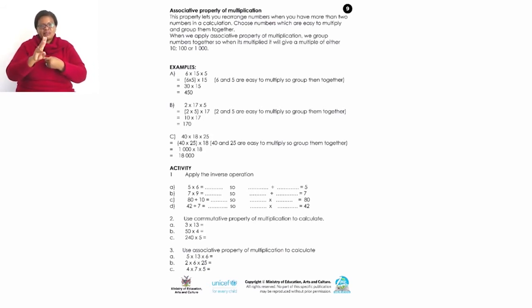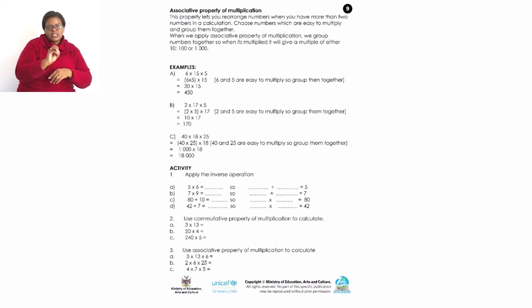So, what will be the answer with division, which will give us 5? B, 7 times 9. What is our answer? And the inverse operation of that, and the answer will be 7.